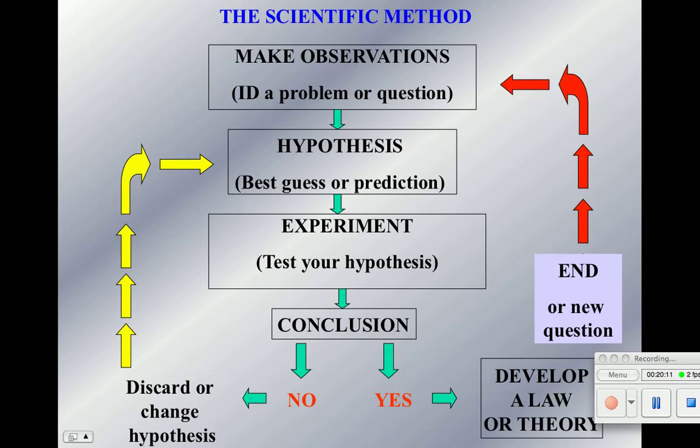So to recap, the major steps of the scientific method are to first make observations, and from those observations you identify a problem to solve or a question to answer. After you identify your problem, you form a hypothesis, your best guess, your answer to the question, and it's an educated guess.